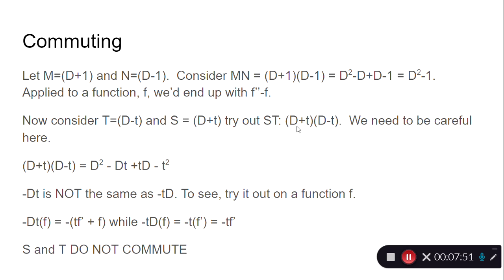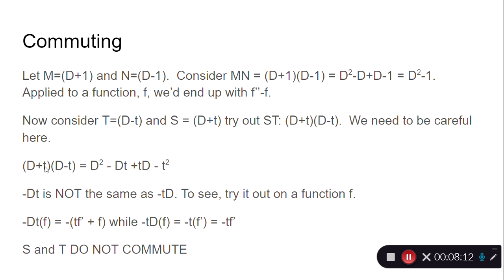This is not like the letter x. You can't plug in numbers for D. It's a linear transformation. So if I multiply D times D, I get D squared. D times minus t, the order is very important here. I'll talk about it in a second.